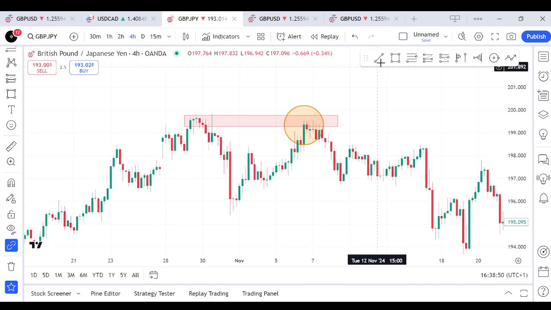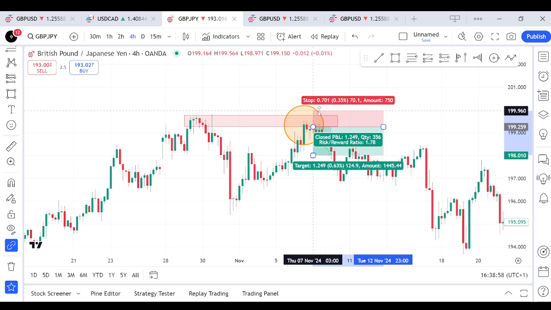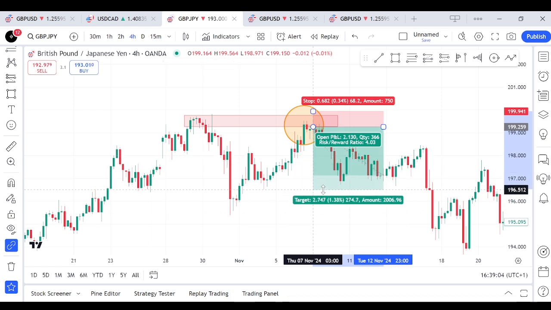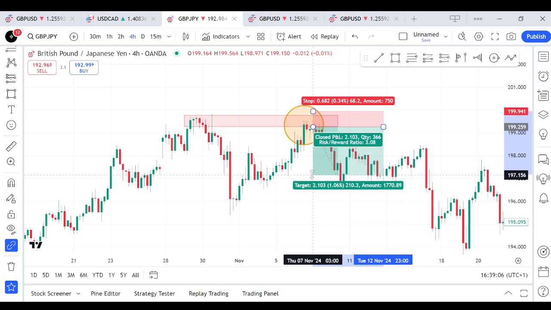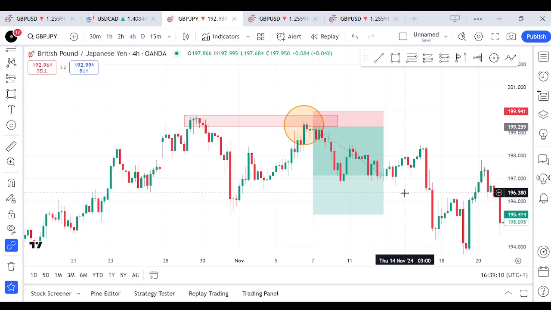And after that, we could enter a trade. You see this rejection, so we could enter a bearish trade. Stop loss just above that resistance level, and take profit at the support or any support level you want, or your custom risk to reward ratio, whichever one.